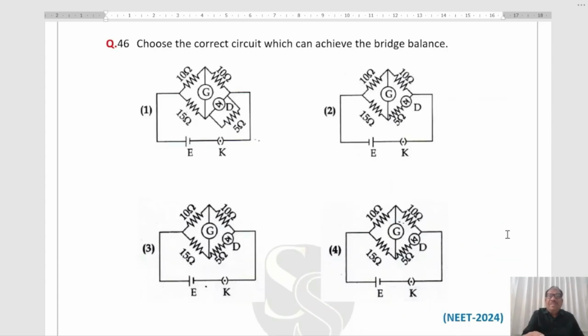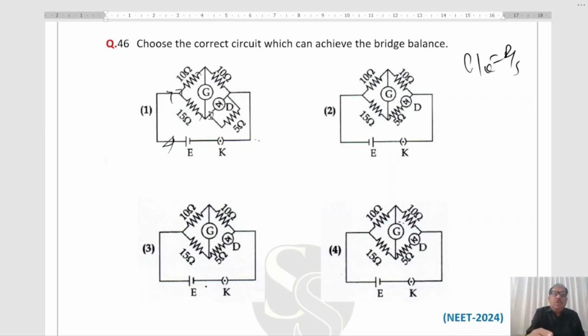Choose the correct circuit which can achieve the balance bridge. Balance bridge P by Q equal to R by S. Now this is the battery, current will flow from this to this. Current will go here, it will divide into this, and then this will go here, this will go here.